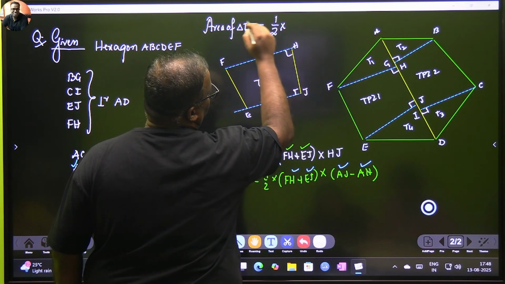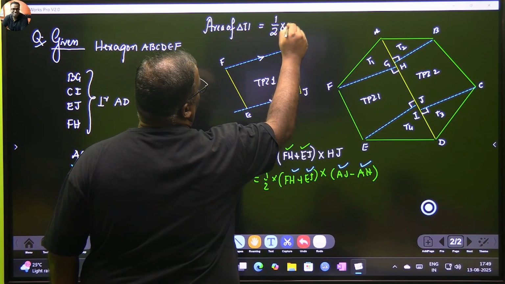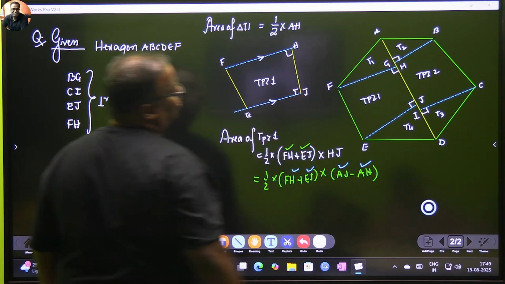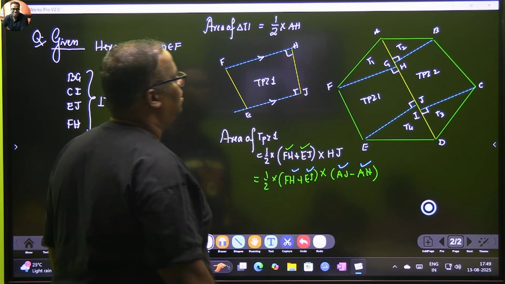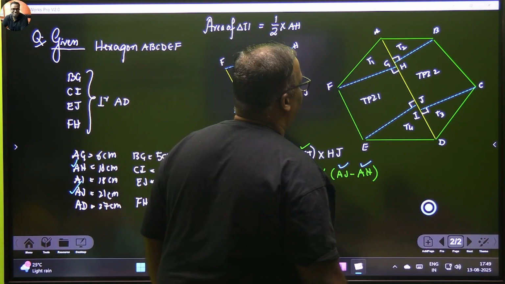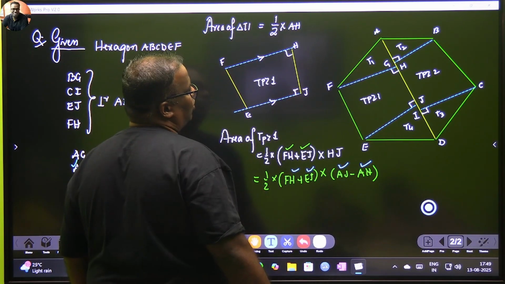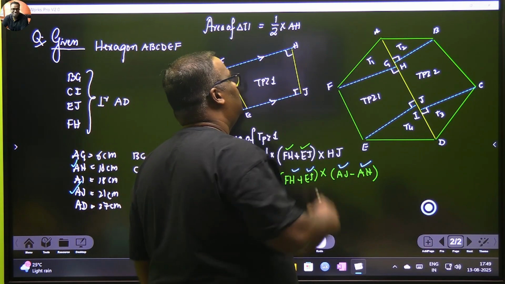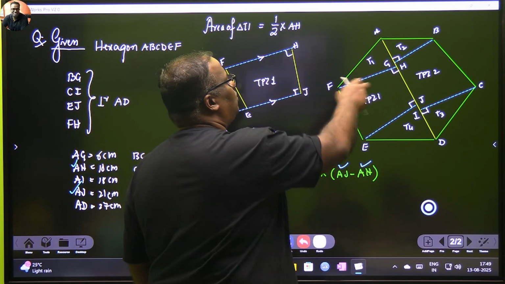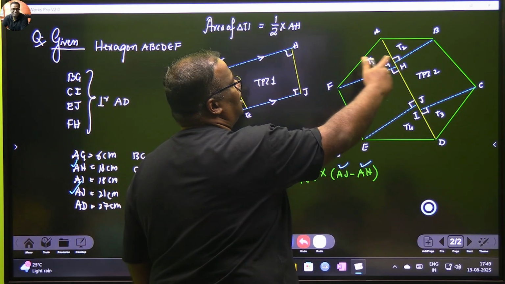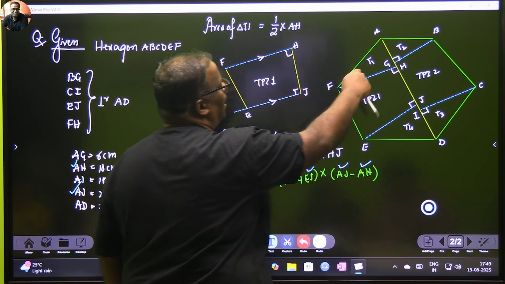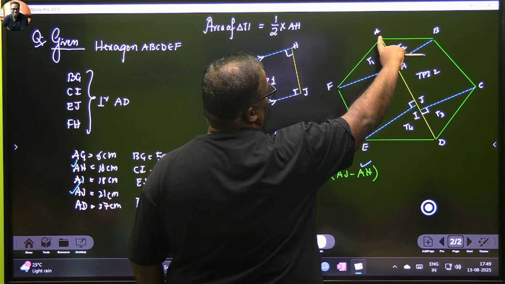What is the base? FG. AH. Or if you even do it with FG, it is correct. Nothing wrong. FG into AH is also correct.